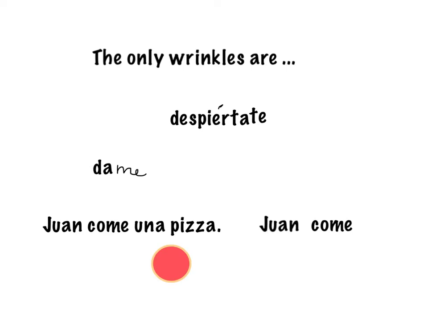What would be a good replacement for pizza to say the word it for pizza? We have a choice of lo, la, los, and las. It would be la. So we'll put this at the end. It's attached at the end. So Juan, cómela. And I need to put my accent on.